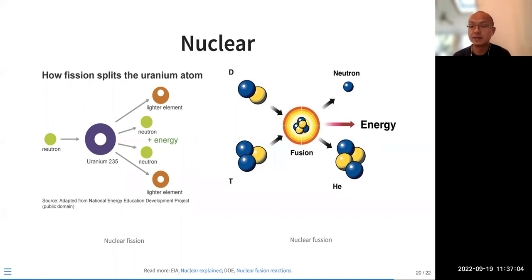And also because of the treatment of the nuclear waste, to avoid proliferation or potential human health impact of the nuclear waste. Those two factors drive the cost of nuclear high.